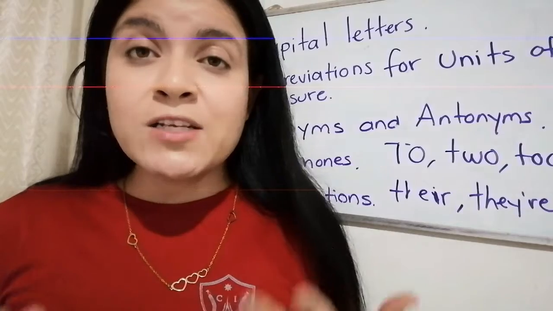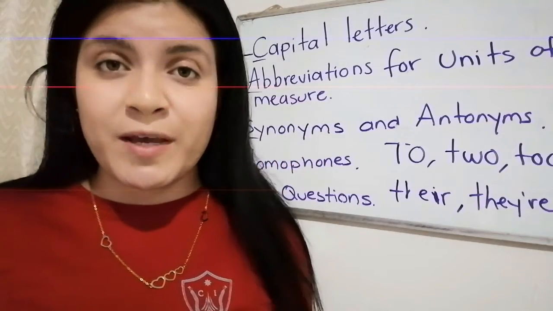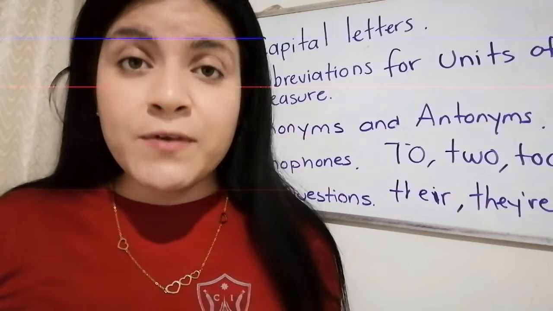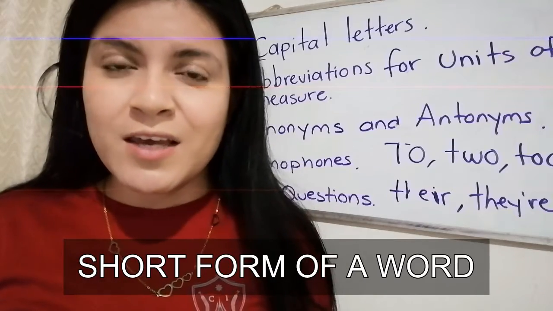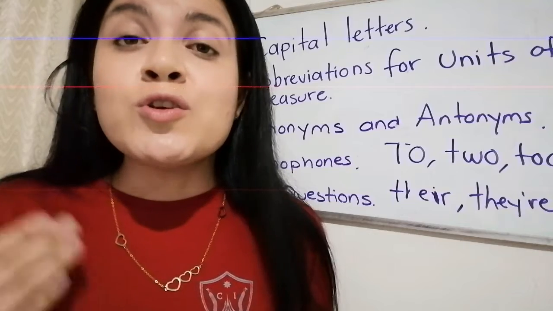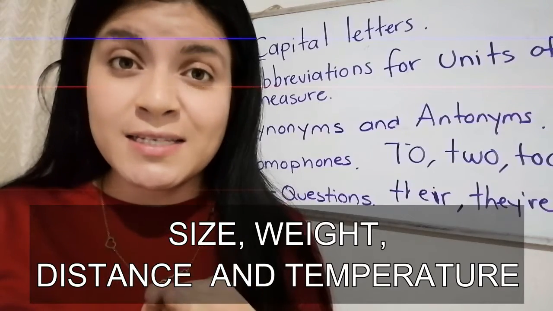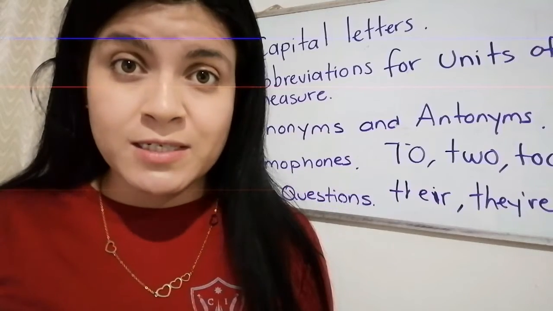Now, let's continue with abbreviations for units of measure. First, what is an abbreviation? An abbreviation is the short form of a word, yes? Units of measure tell us the size, weight, distance, and the temperature of an object, yes?